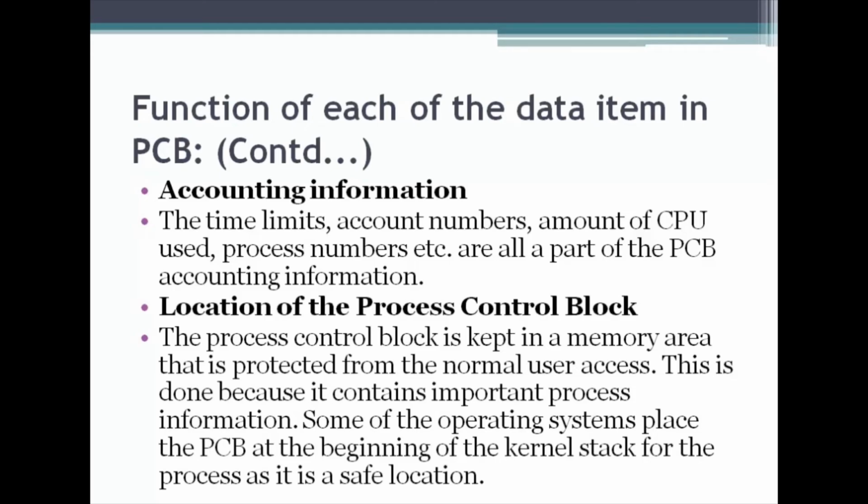Once it gets moved out or lost, there will be a huge problem for the process to run properly. Sometimes the OS places the PCB at the beginning of the kernel stack for the process, and it is a safe location. Now, there are the user stack and kernel stack which are used while a process is getting executed.